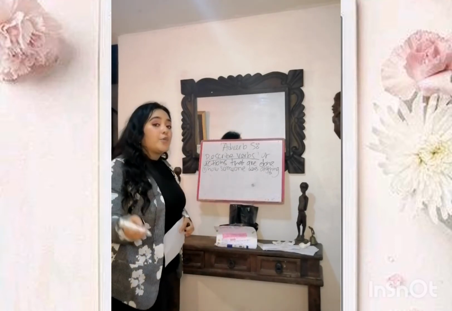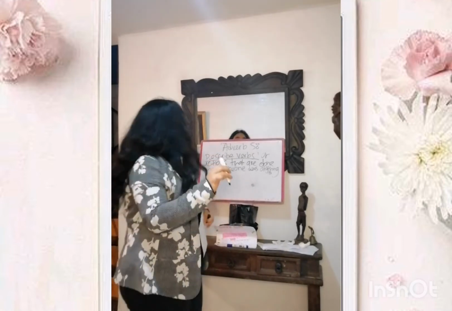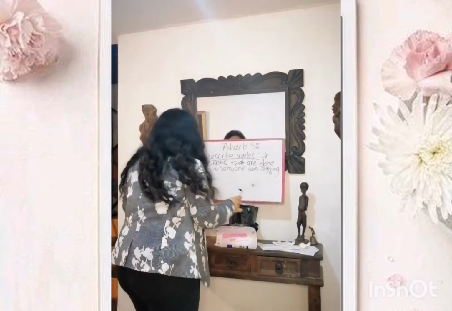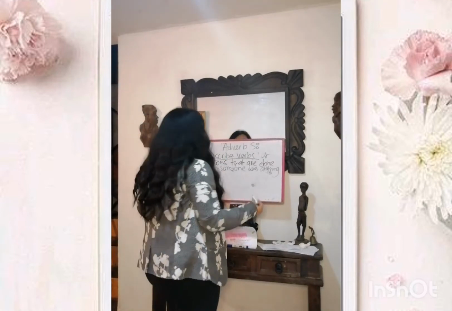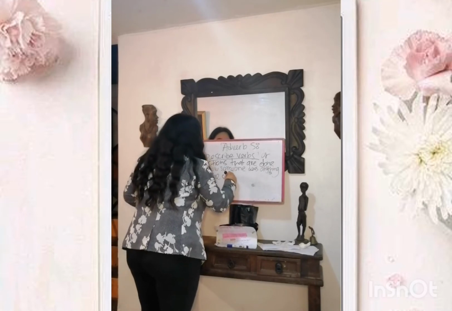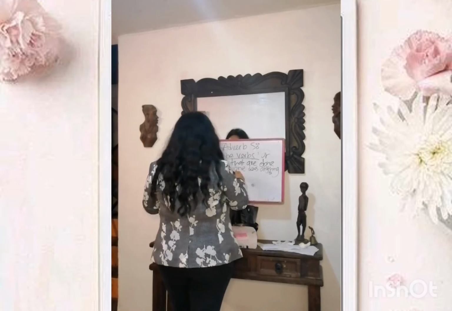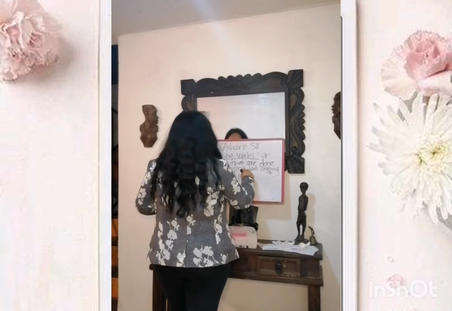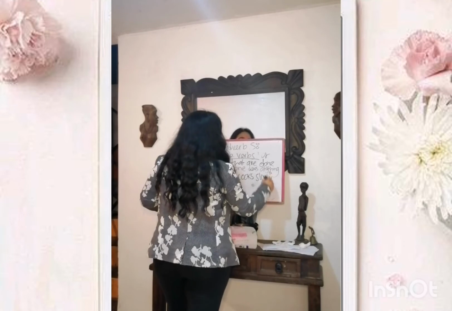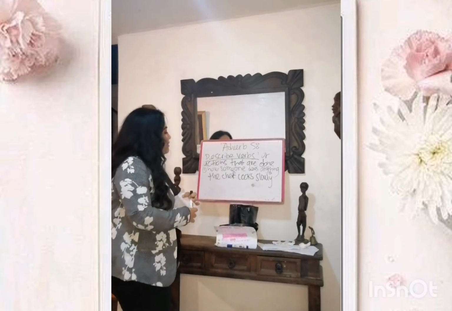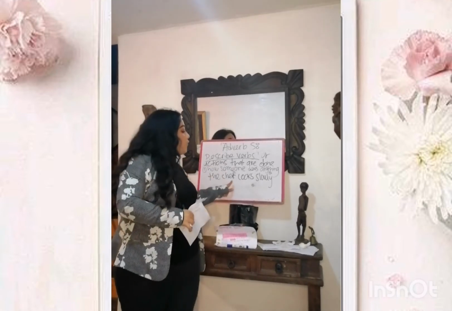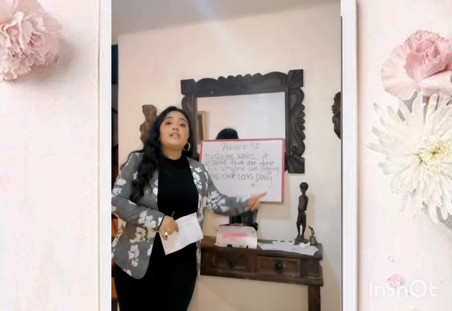We can use adverbs to know how someone does anything. So for example, it will be the chef cooks slowly. Okay? So the sentence will be the chef cooks slowly.